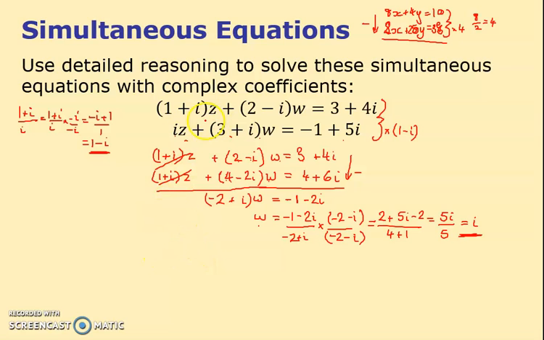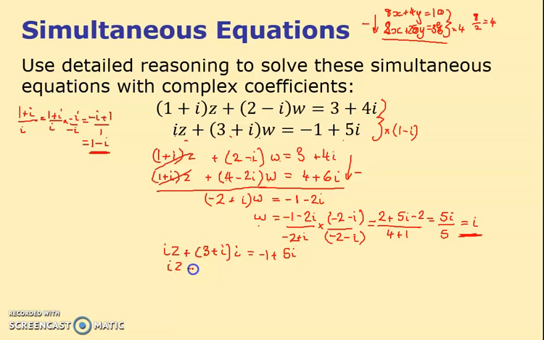And now I need my z as well, so I have to sub that into one of my two equations. Doesn't matter which one. I'm tempted to go into the bottom one. I've got iz plus 3 plus i w. Now w is such a nice number, it's just i, equals minus 1 plus 5i. Tidy this up.